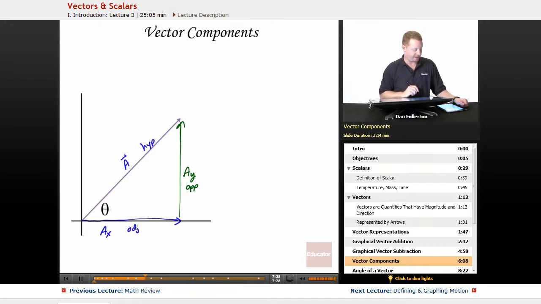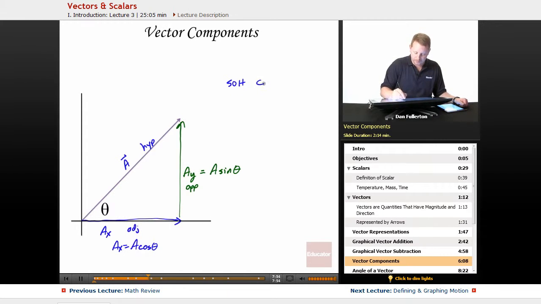It's beside the angle. So now I can use trig to figure out what AY is. AY, since it's the opposite side, is going to be equal to A, the hypotenuse, times the sine of that angle. On the same note, AX is going to be A times the cosine of theta, because this is the adjacent side. Remember SOHCAHTOA?